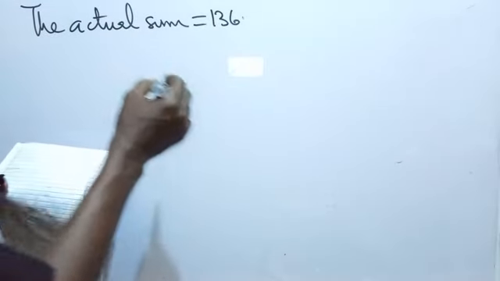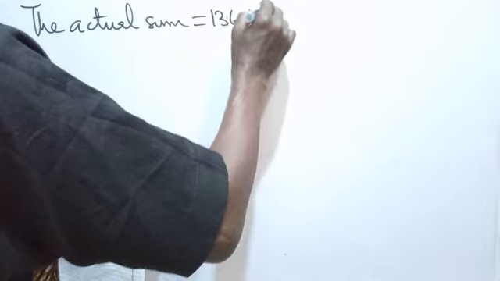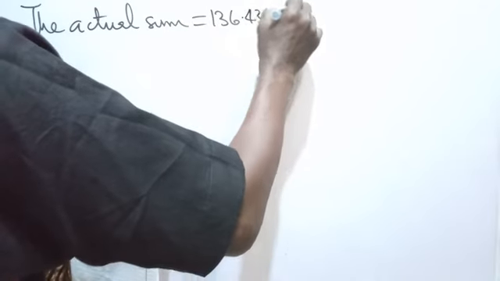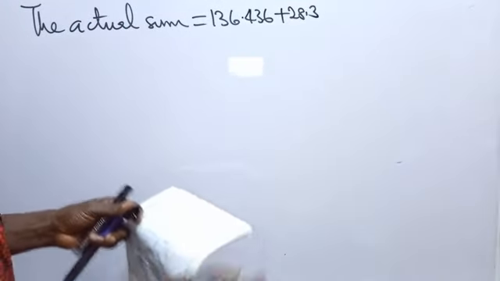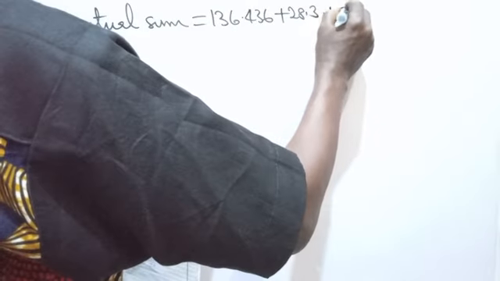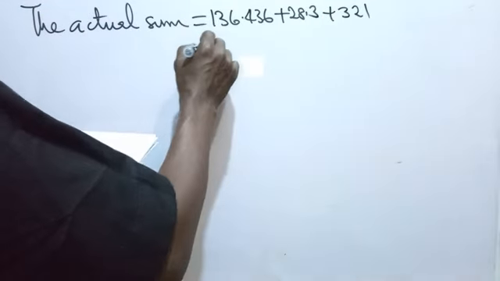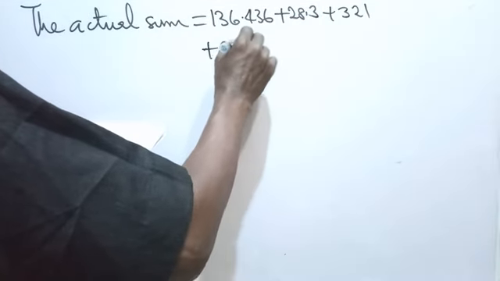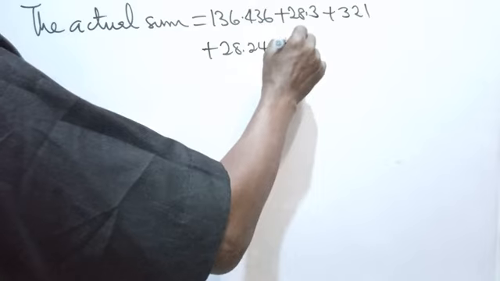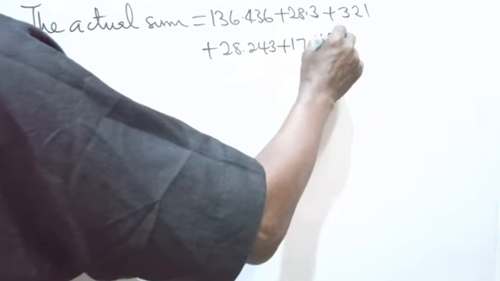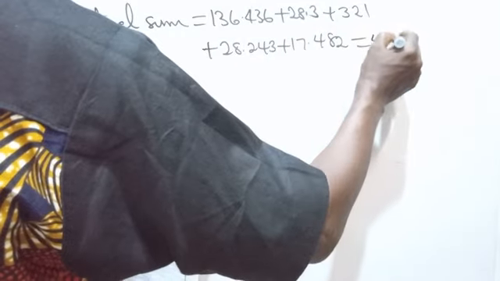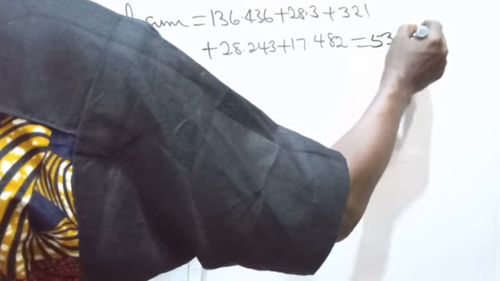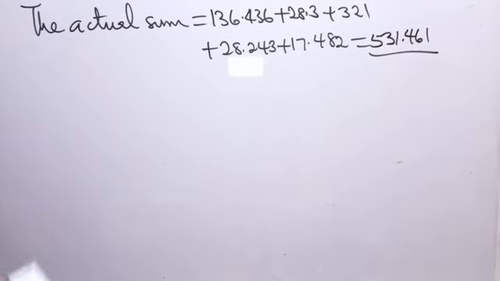Let's rewrite it. Sorry about that. 136.436 plus 28.3 plus 321 plus 28.243 plus 17.482. So if we add everything together, we're going to have 531.461. So that is the actual sum of the numbers.